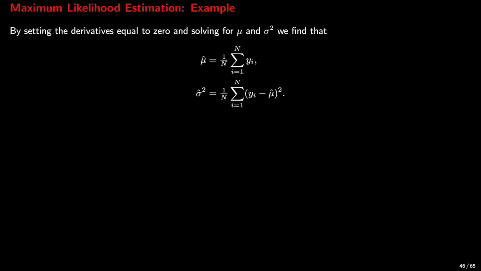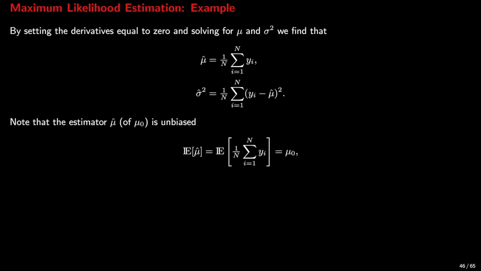By setting the derivatives equal to 0 and solving for mu and sigma squared, we obtain the maximum likelihood estimates of the mean and the variance. The estimate of the mean is the arithmetic mean of all observations, and the variance estimate is the arithmetic mean of the squared differences of all observations from the estimated mean.